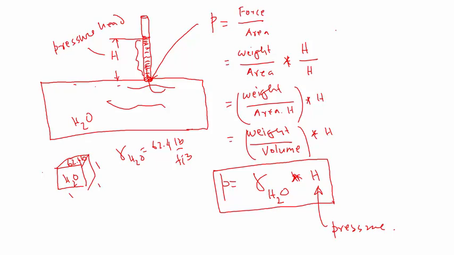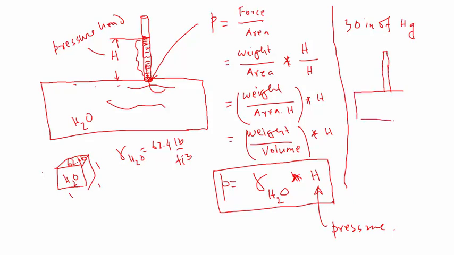A lot of times you hear about something like 30 inches of mercury. This is what they're talking about, a similar situation. If you set up a mercury tube like that and fill this bath with mercury, and this tank is pressurized up to 30 inches of mercury.